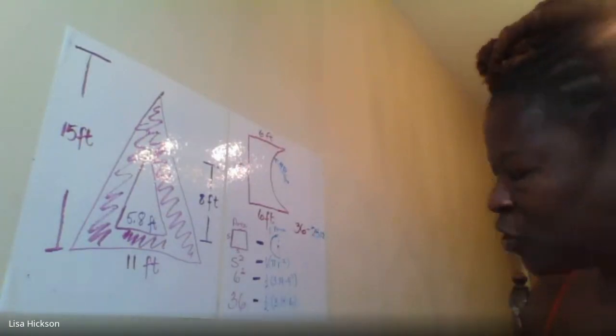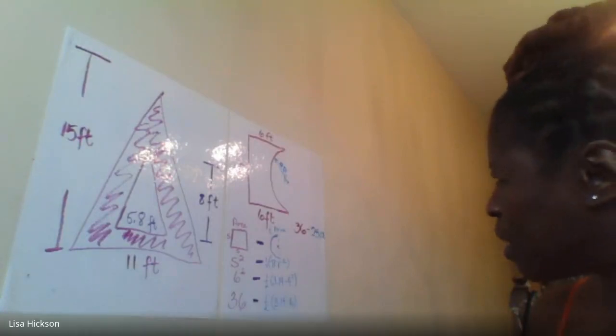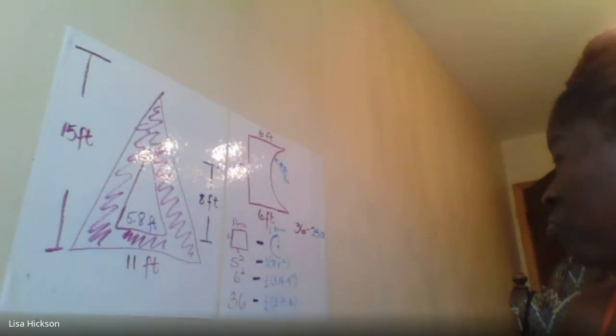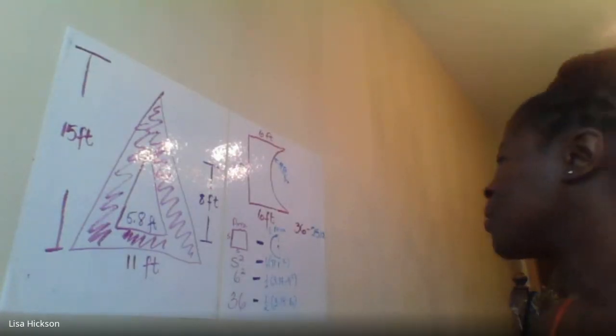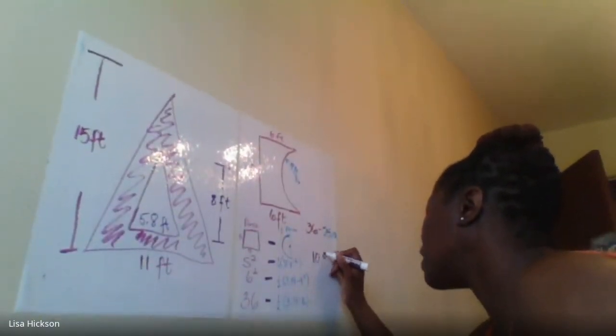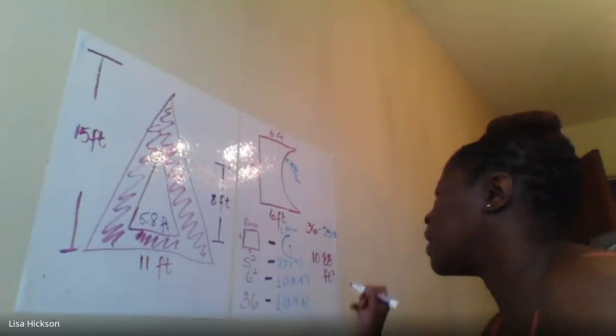And then what is 36 minus 25.12? 10.88. I was going to say 10.88. Okay. Yep. So 10.88. And the measurement is feet squared.